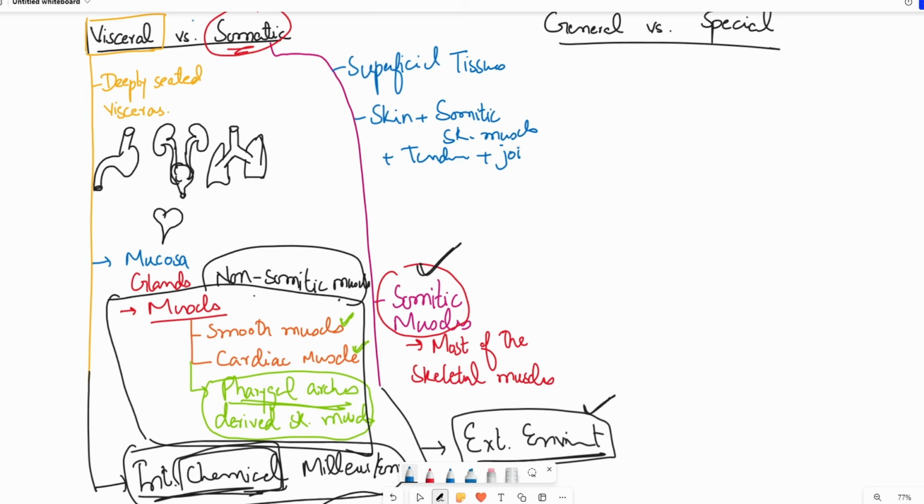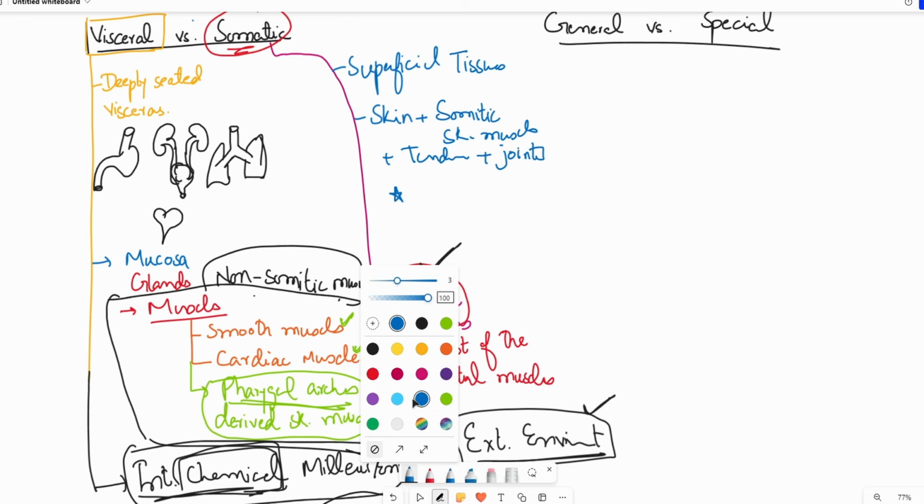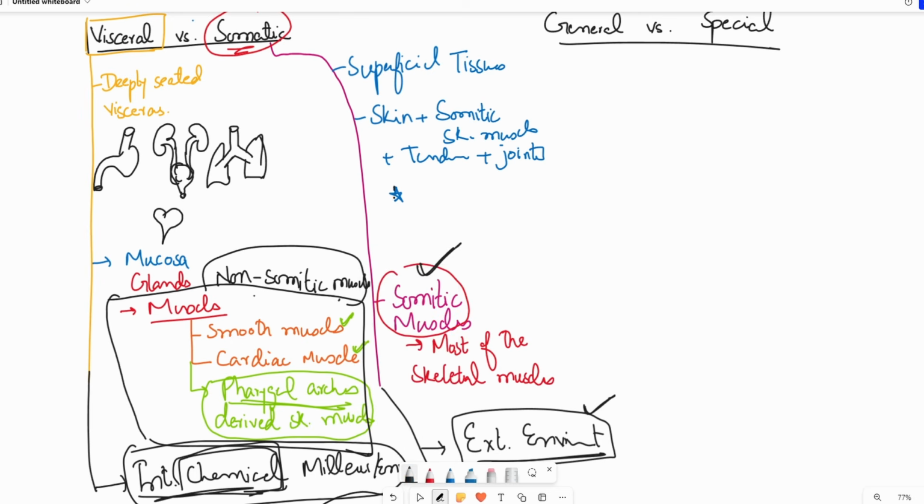And some people also say that bones are included in this. And the important exception is glands. Glands are never innervated by somatic nerve fibers. Even if the glands may be superficial, for example sweat glands, even those glands are innervated by visceral nerve fibers. That is sort of a convention. So yeah, let's move forward.